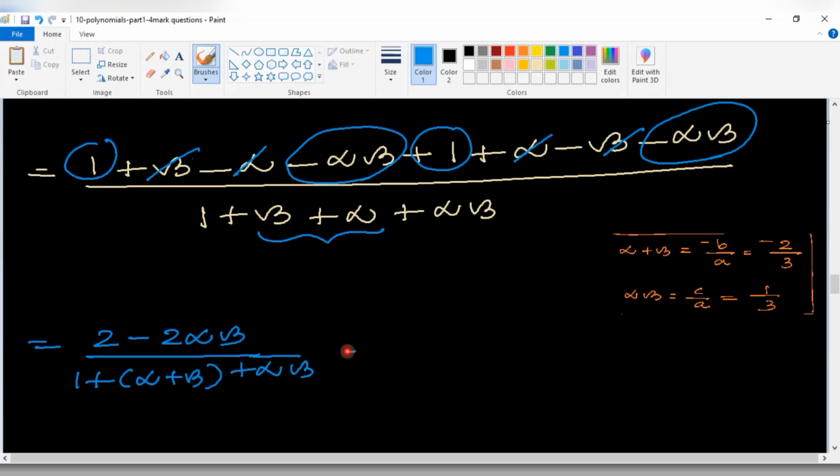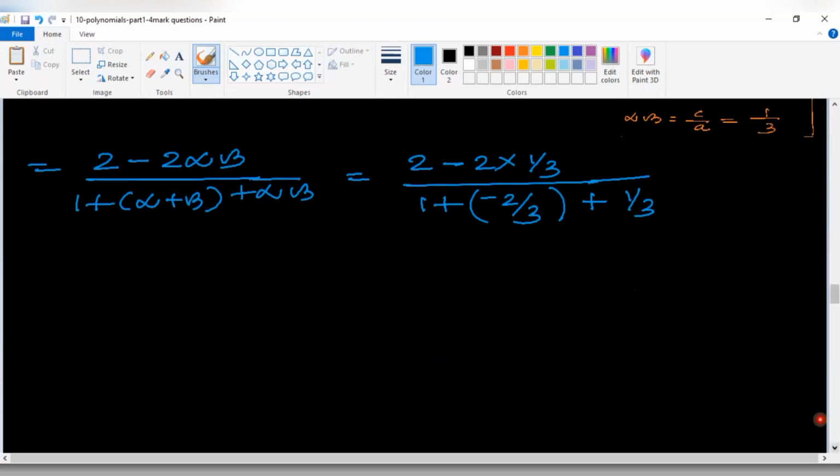Now it is easy to apply these values. 2 minus 2 into alpha beta, which is 1 by 3, divided by 1 plus alpha plus beta, which is minus 2 by 3, plus alpha beta, 1 by 3. You see here, it is 2 minus 2 into 1 by 3, 2 by 3, divided by 1 minus 2 by 3 plus 1 by 3.